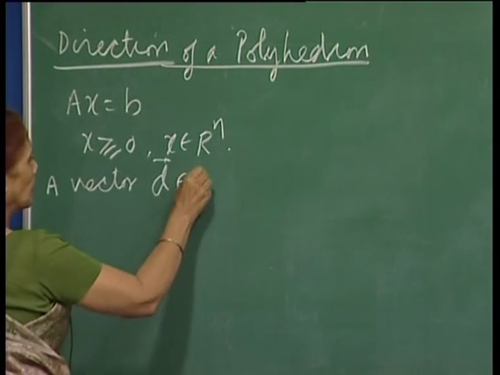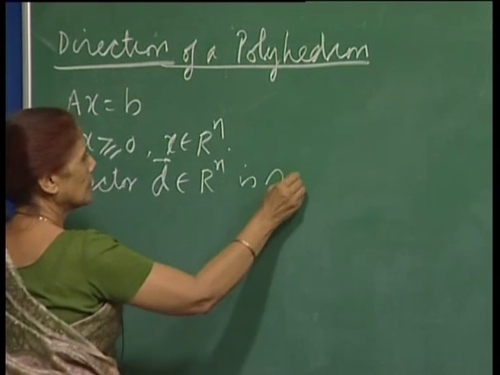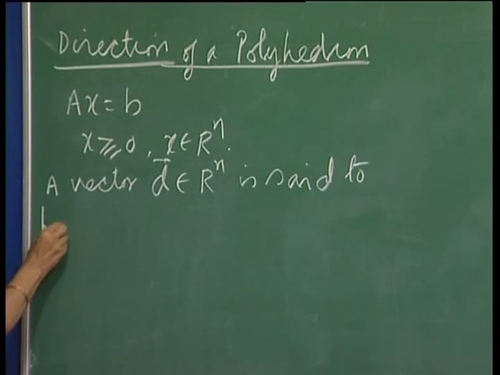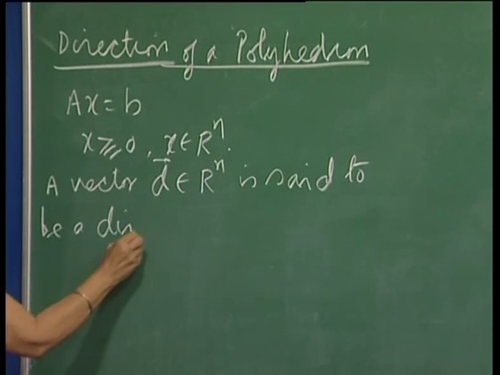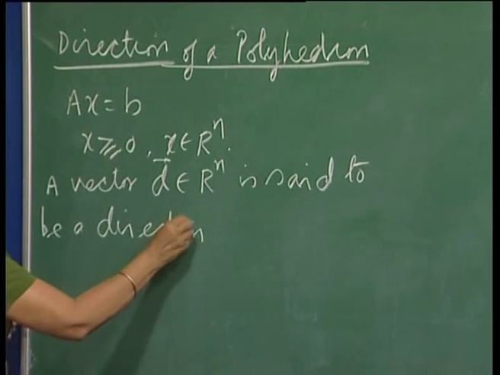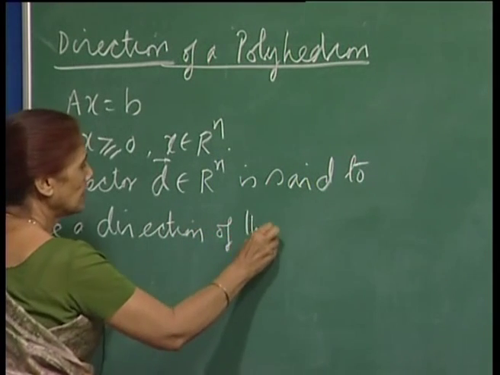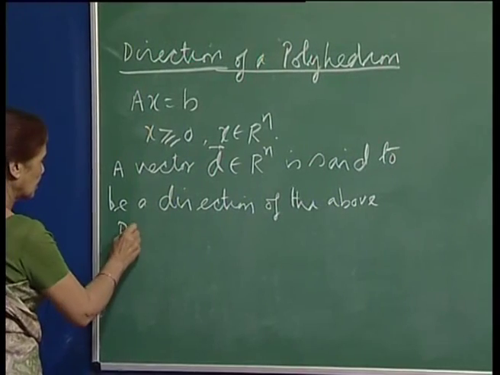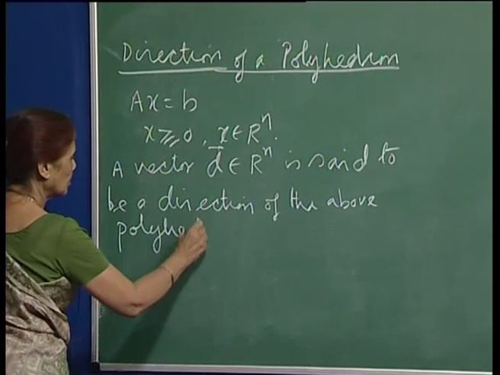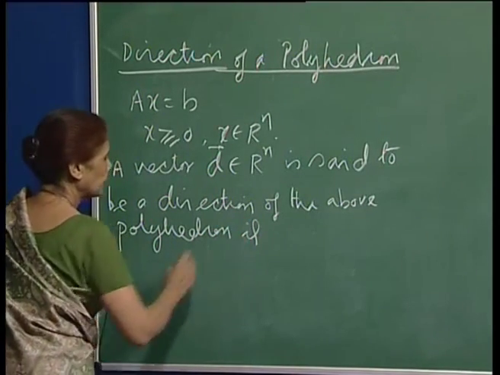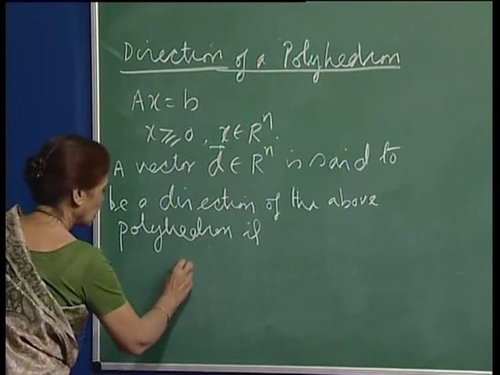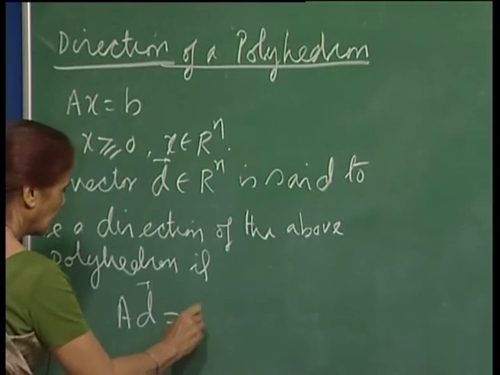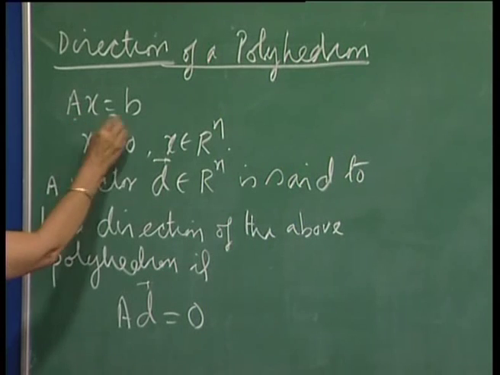d belonging to Rn is said to be a direction of the above polyhedron if Ad is equal to 0, Ax equal to b.